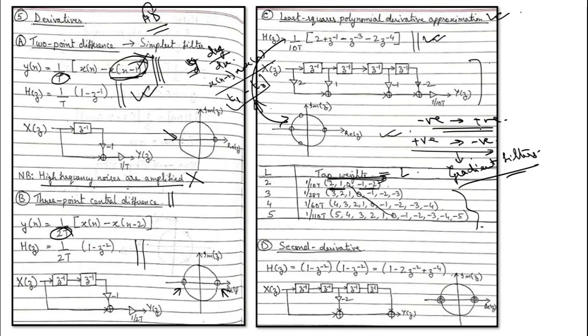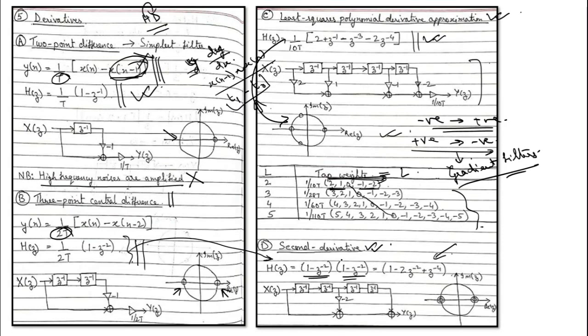Okay. Now the next type of filter is the second derivative filter. Now in this second derivative filter, what are we having? We are having these first derivative filters, 1 minus z to the power minus 2, 1 minus z to the power minus 2. Okay, you get it multiplied and you get this type of filter.